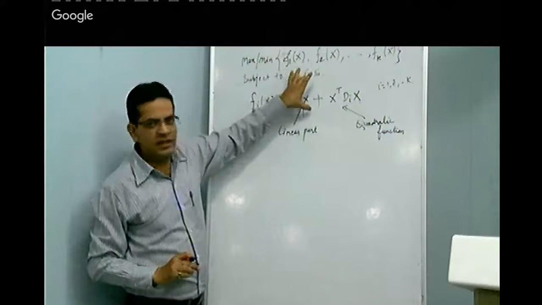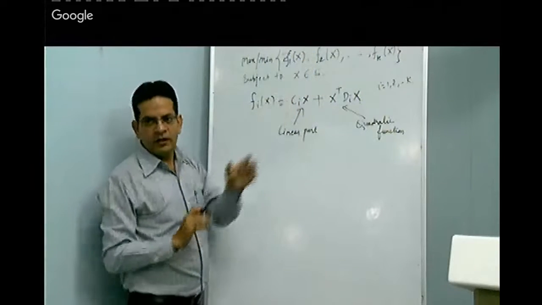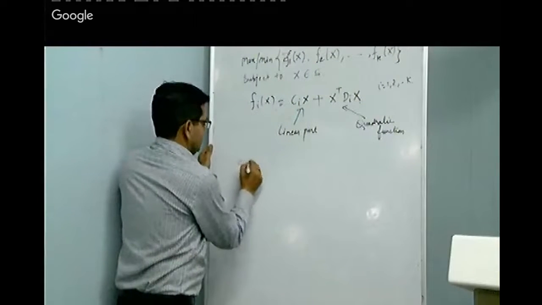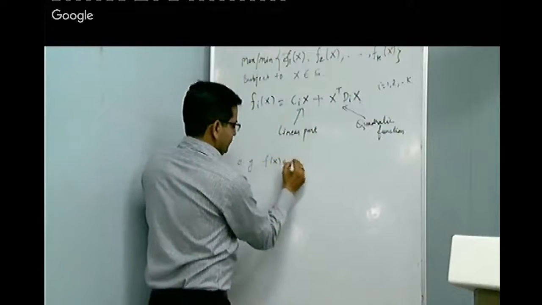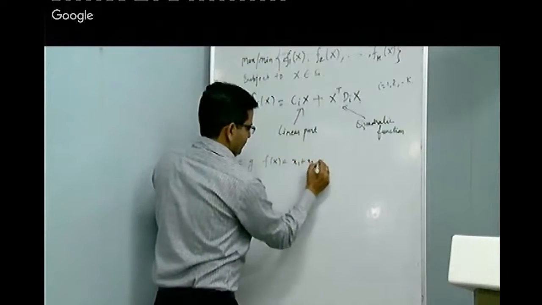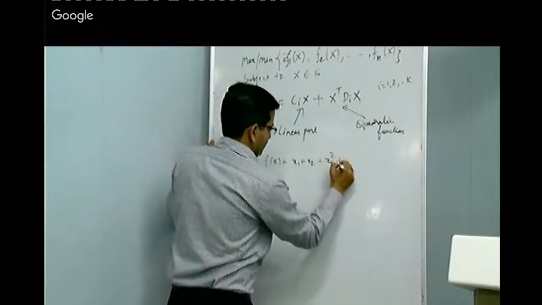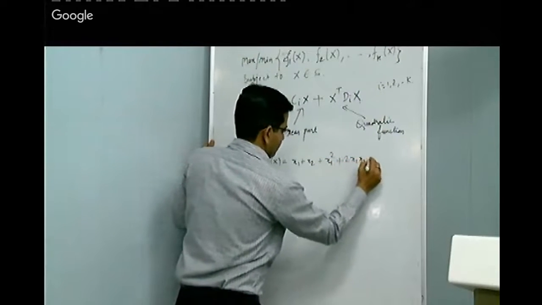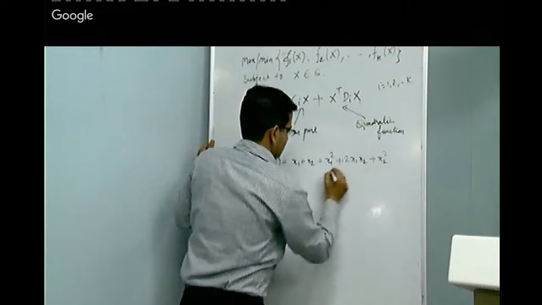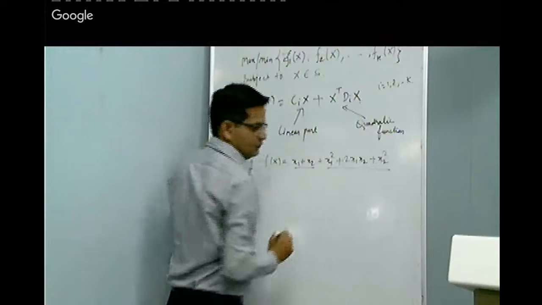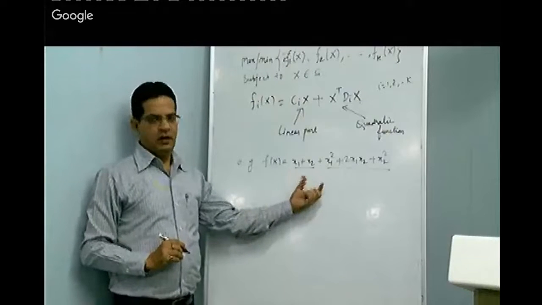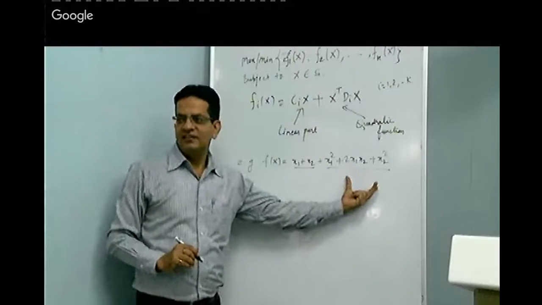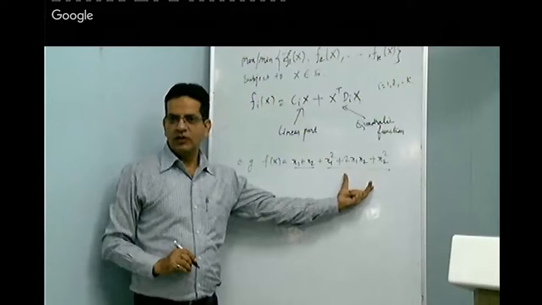This has linear as well as quadratic parts. Quadratic form means the function is like this: two parts, this is linear and this is the quadratic part.